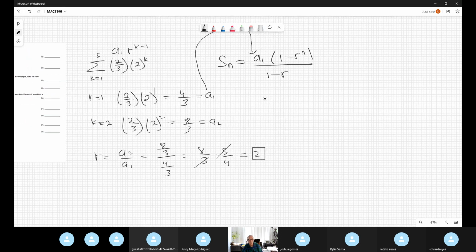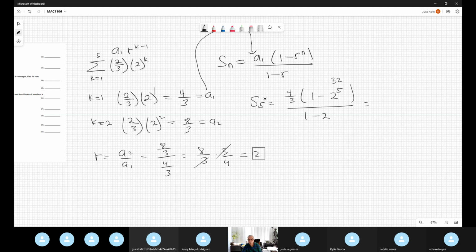Now, the summation of the 5 terms, because n is 5, is 4/3 times parentheses 1 minus 2 to the n power, which is 5, the 5th power, over 1 minus 2. Now this is 32, subtracting 1 is 31, negative 31.